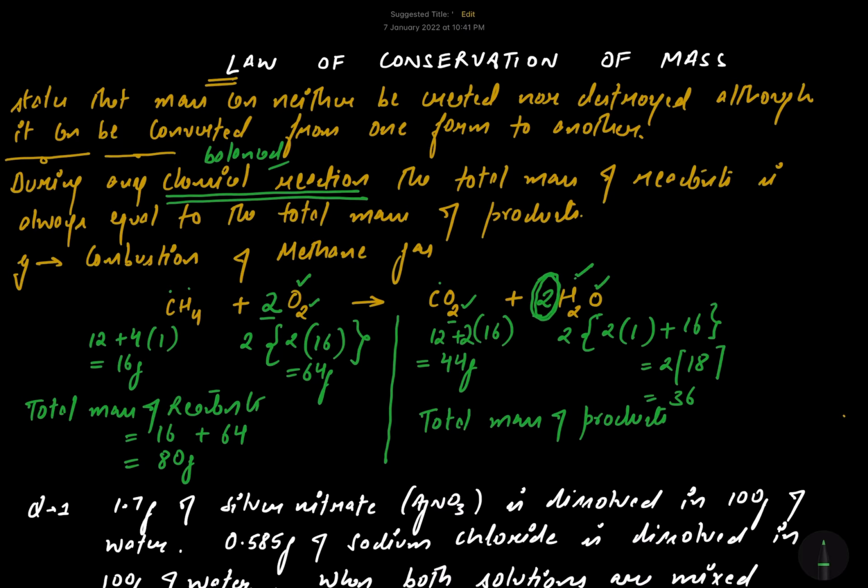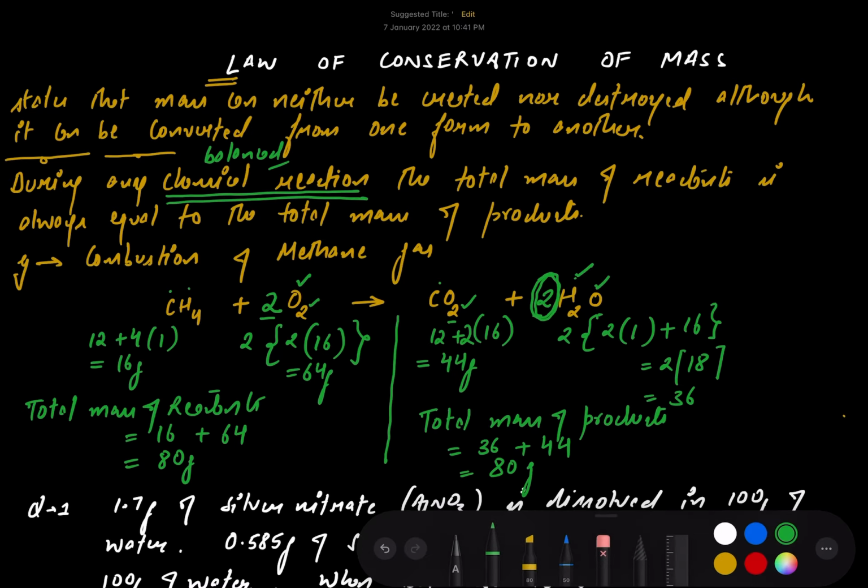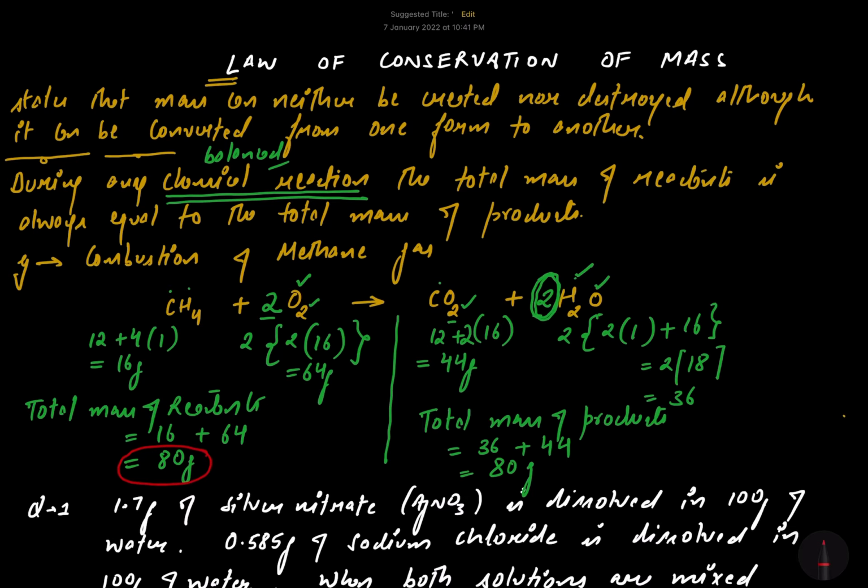The total mass of products comes out to be 36 plus 44. Again it comes out to be 80. So here you can see that the law of conservation of mass is totally obeyed, as the total mass of reactants is equal to the total mass of products, that is the 80 grams and the 80 grams. So it proves the law of conservation of mass.